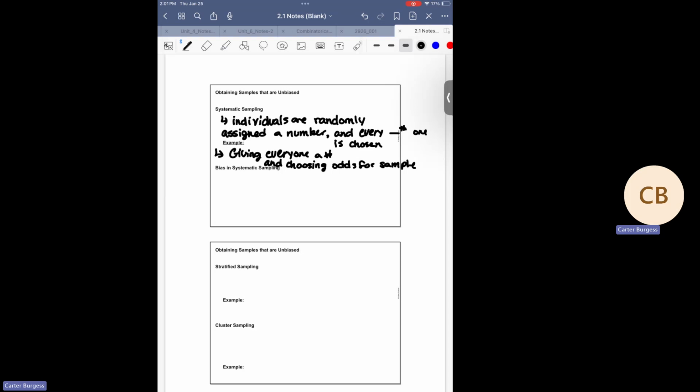Again, super, super, super important here is that the numbers are randomly assigned. So thinking back to like elementary school, where you're lining up and you're being picked for teams and you see that your friend is on team 1 and you do the quick count and you know that you're going to be on team 2.